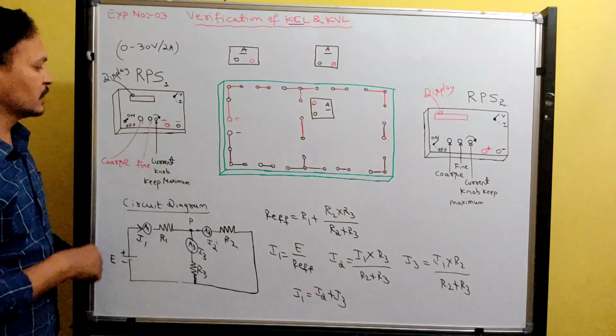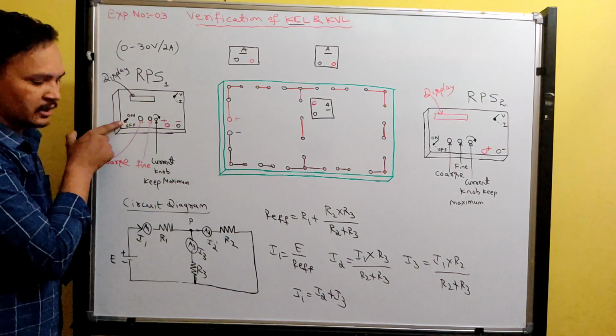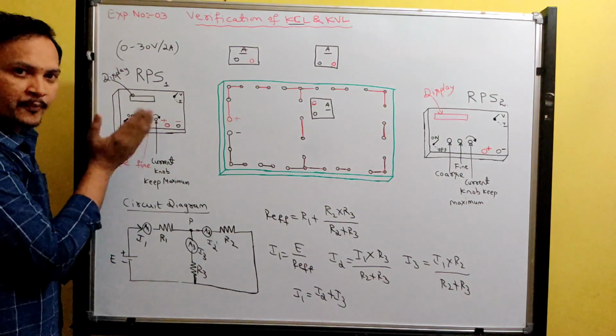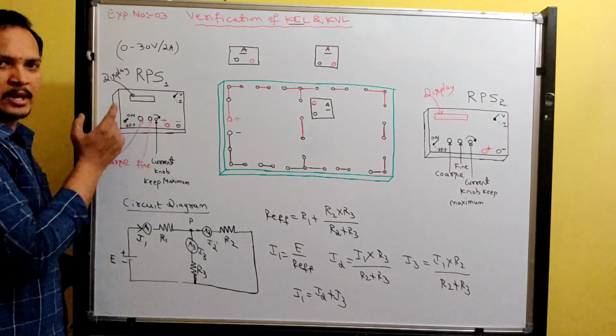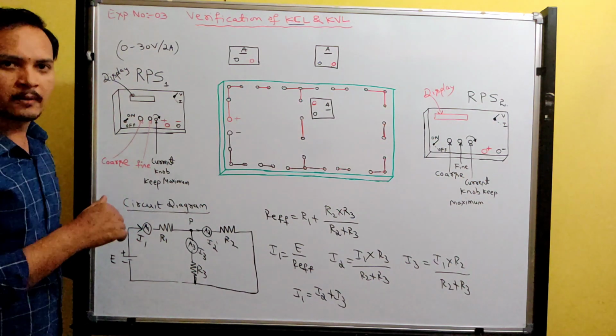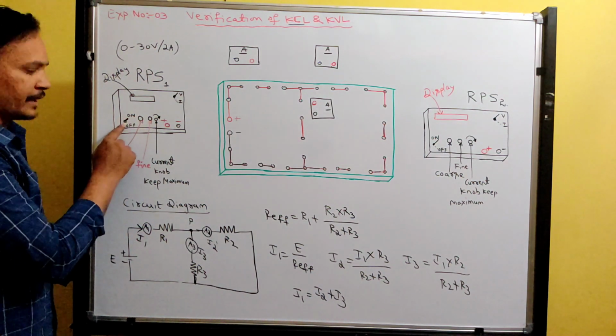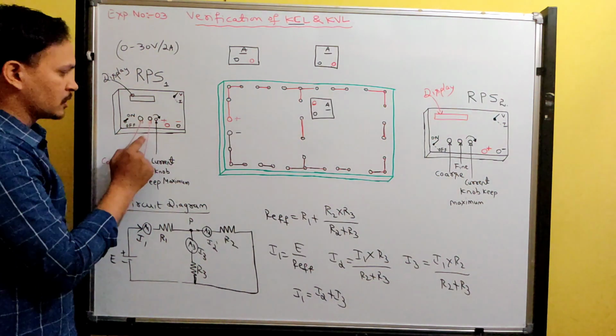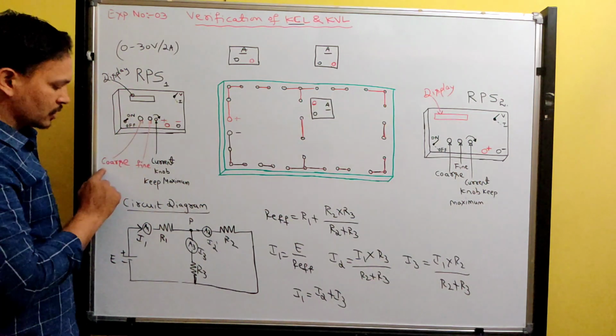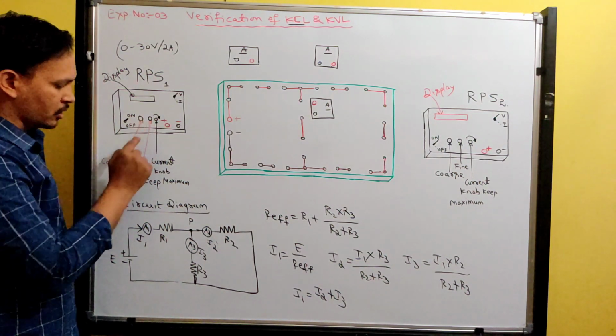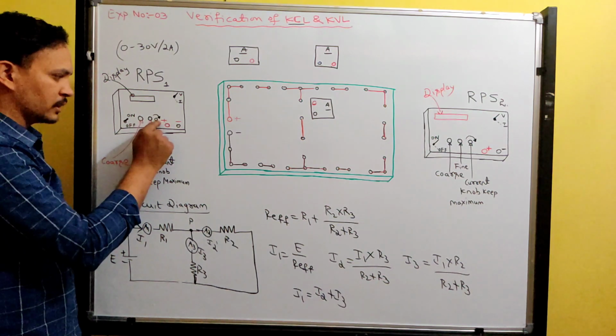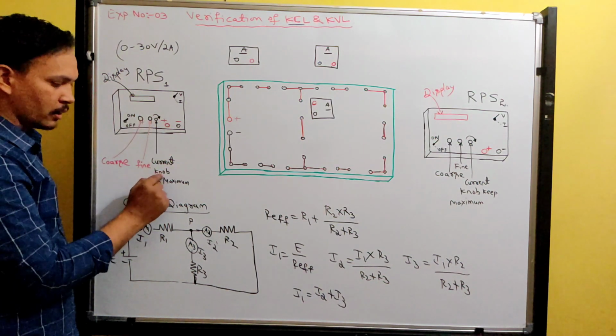Okay, next, another one here is the on and off switch. This toggle switch should be in the upward direction, then it will be on. If it is downward, it will be off. So after the on and off button, there will be three knobs. First knob is the coarse knob, second knob is the fine knob, and the last knob is the current knob.